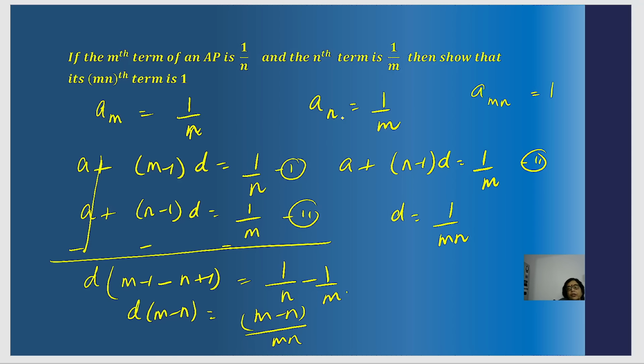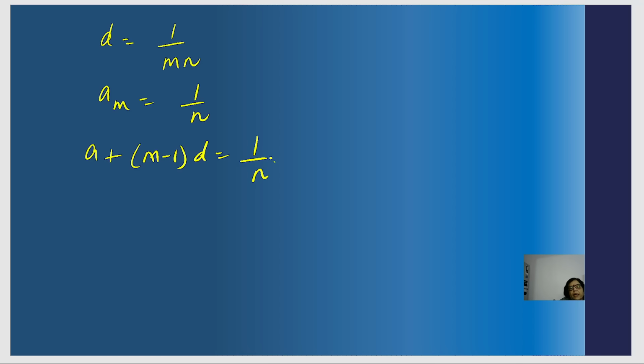Now, in order to find amn, we also need to know the value of the first term, that is A. Again, we know that D is equal to 1 by mn. The m-th term is equal to 1 by n. So am means A plus m minus 1 into D, and this is equal to 1 by n. Here we'll put the value of D. So we get A plus m minus 1 into 1 by mn, that is equal to 1 by n.